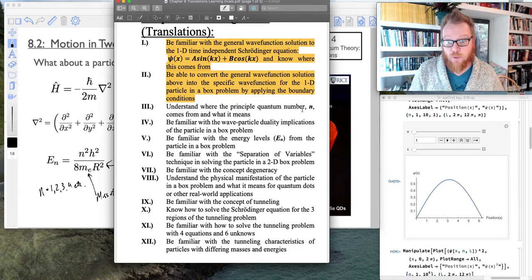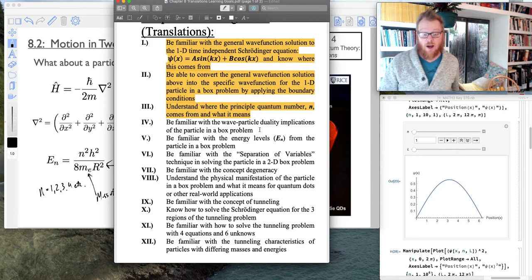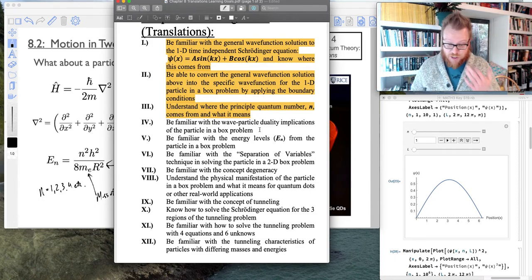So understand where principal quantum number n comes from and what it means. So principal quantum number n comes from the boundary condition, okay? And it's what establishes quantized solutions for energy, okay? So be familiar with wave-particle duality implications of the particle in the box.